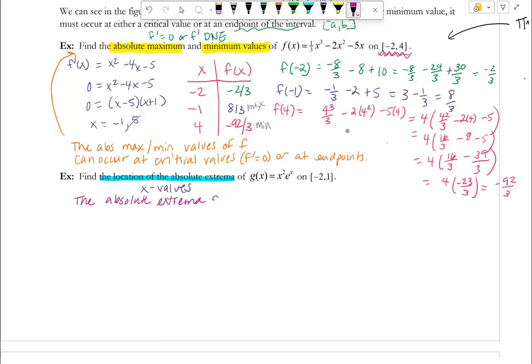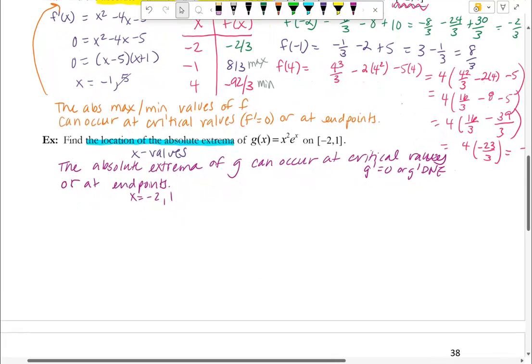The absolute extrema of G, so again, that's the absolute max and mins, can occur at critical values or at endpoints. And again, our critical values will be where G prime is 0 or undefined. And our endpoints are going to be at x equals negative 2 and 1 for this problem.